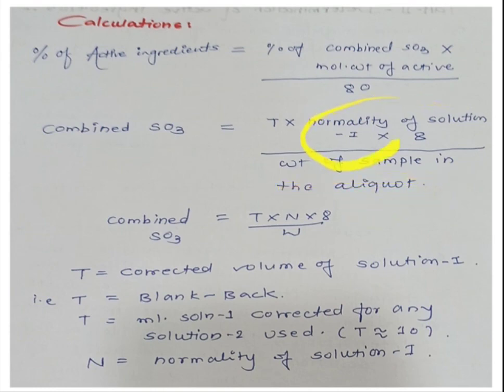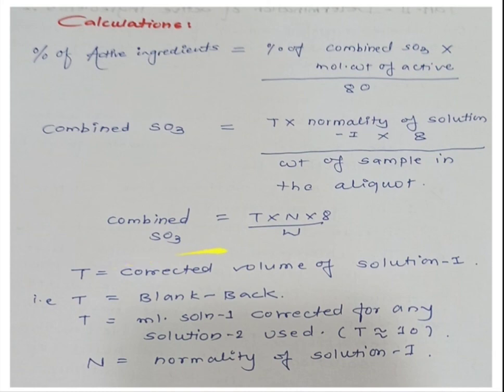Then we found the normality of solution 1 from part 1, and T is the corrected volume of the solution, that is blank minus back titration. So you can easily find out the combined SO3 or the active ingredient present in the detergent.